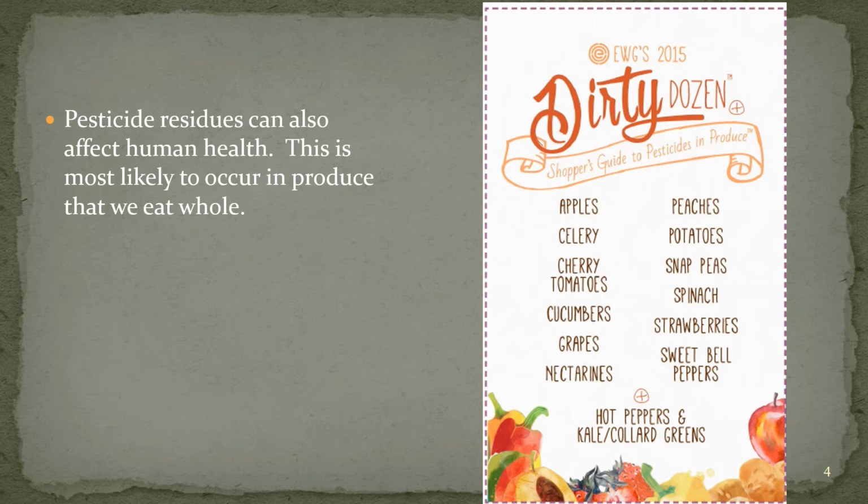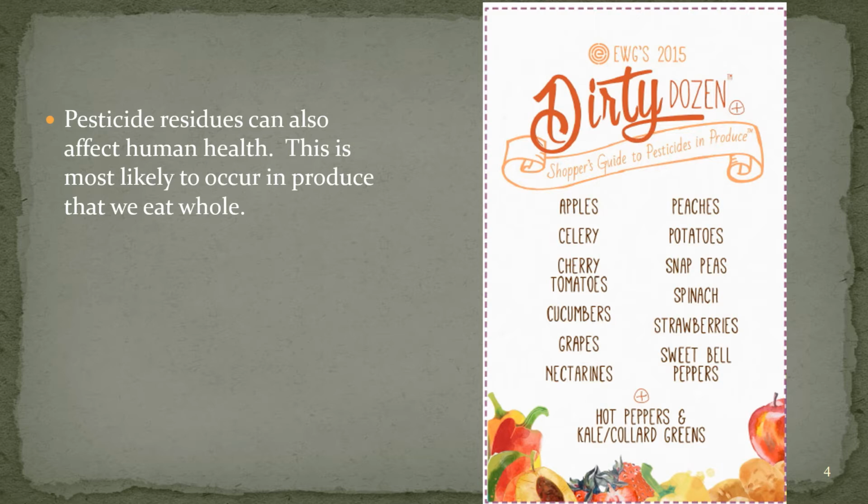So pesticide residues can also affect human health. This is most likely to occur in produce that we eat whole. Some examples are listed on the Dirty Dozen, basically a Shopper's Guide to Pesticides in Produce from 2015, basically saying that these are the ones that typically utilize a lot of pesticides for production.